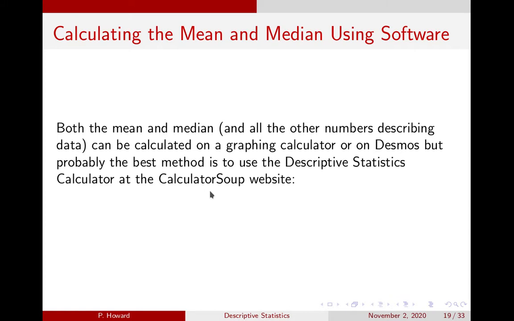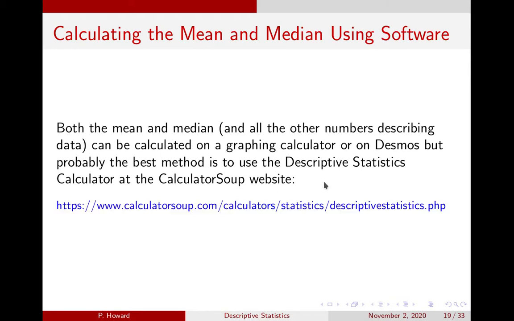We have used this calculator fairly recently to get random samples. Here's the URL. This URL is probably clickable from the slides, but I doubt if it's clickable on the video.